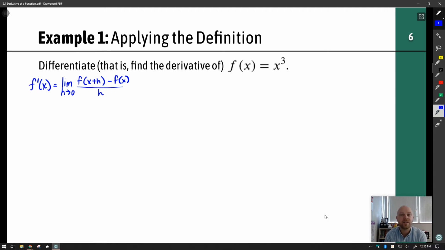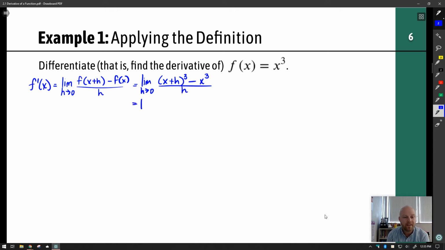This is the definition of derivative. So then let's apply it. The limit as h goes to 0 of, we're going to plug x plus h into the function. So that's going to give us x plus h quantity cubed minus f of x. So that's the whole function minus x cubed, and that's all over h.